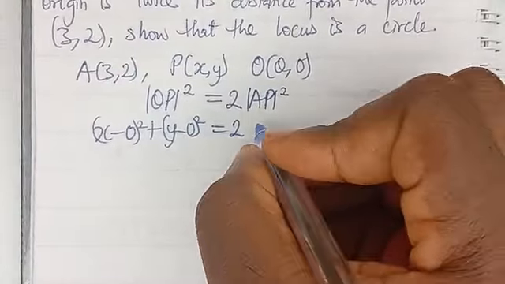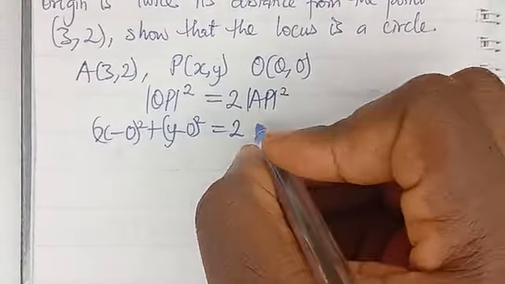Okay, x minus 0, that is x squared plus y squared is equal to 2 into, here, let's now expand these brackets. We have x squared minus 6x plus 9. Then we bring down this plus y squared minus 4y plus 4. Now let's open up this bracket.